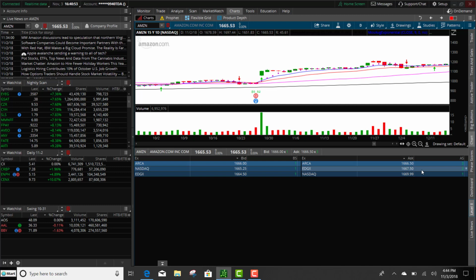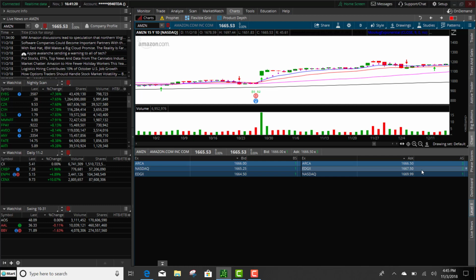If you're not a person that has a huge account, then you're going to be under the PDT rule, which is the pattern day trader rule. It's an SEC rule limiting traders with accounts under $25,000 to a maximum of 4 day trades in 5 days, which has made me a big fan of swing trading, because I can buy a stock and just hold it overnight and sell it the next day.